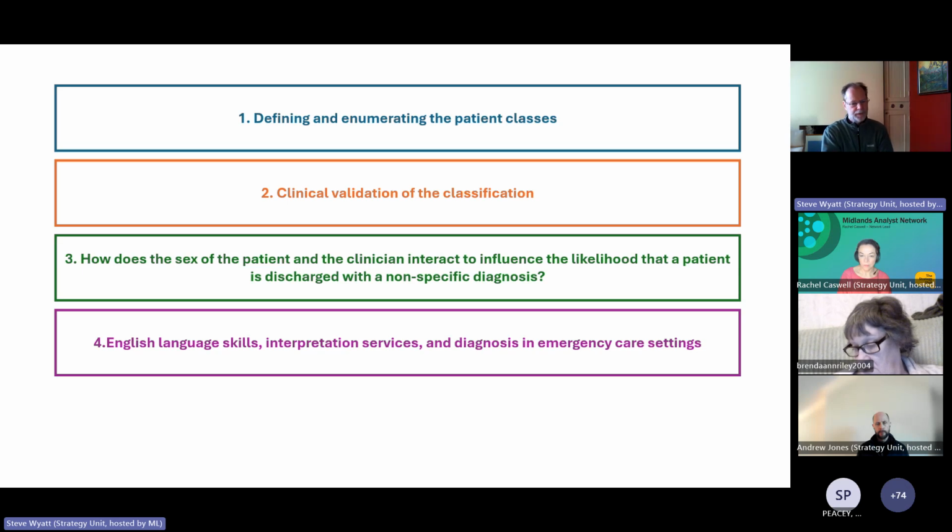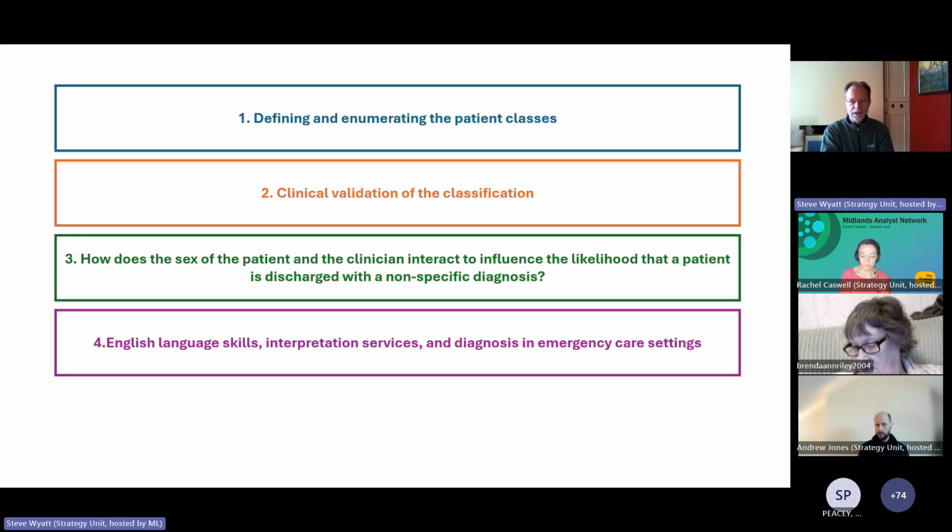We don't have data in the inpatient data set on the English language skills of the patient, but we do have other data sets that tell us the distribution of English language skills by ethnic group within the wider population. And we thought we could do some work to explore whether the distribution of patients with non-specific diagnoses in the inpatient data sets followed those other distributions of English language skills within those ethnic groups.